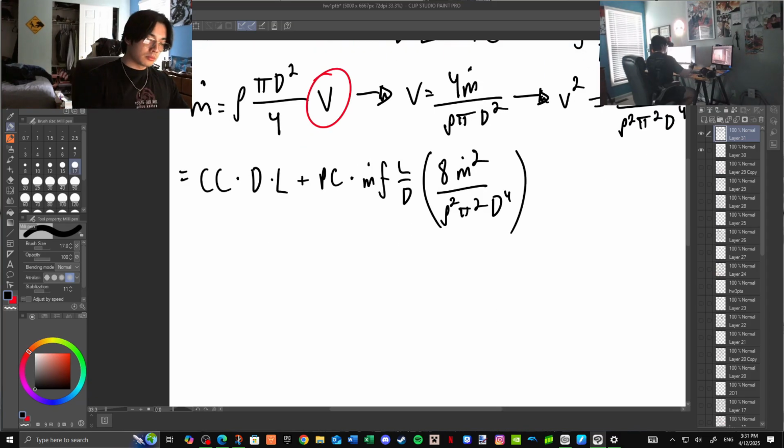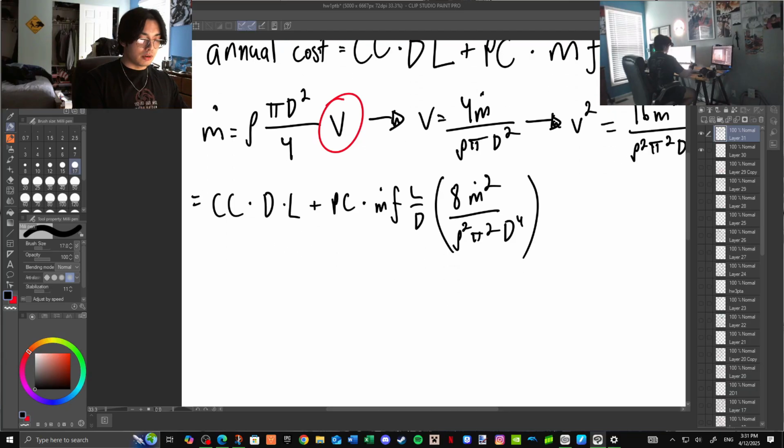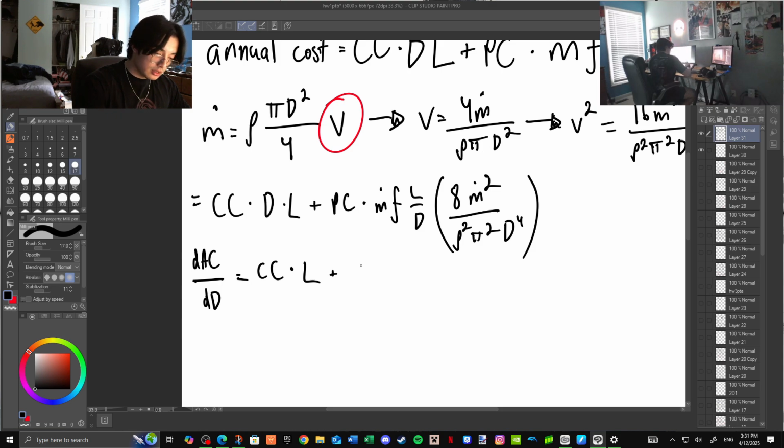Okay, from here we need to find the optimal diameter for whatever mass flow rate that we desire. So to do that, we'll take the derivative of AC with respect to the diameter. And so we can start writing the equation down and then start multiplying values by each other. You got 8 mass flow rate cubed times the friction factor times L times PC.